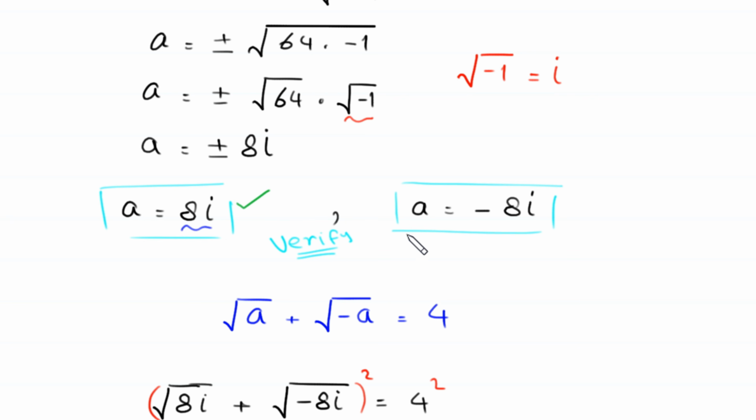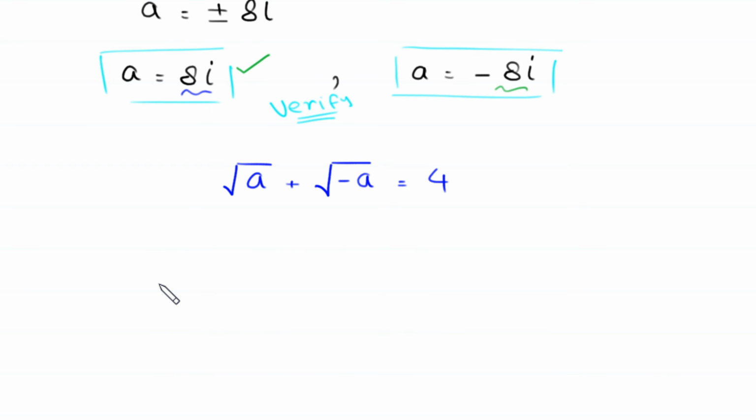Now we verify this value of a, negative 8i. When a is equal to negative 8i, then this equation will become the square root of negative 8i plus the square root of this negative sign and the value of a, negative 8i, is equal to 4.